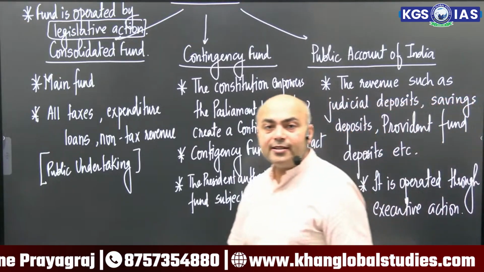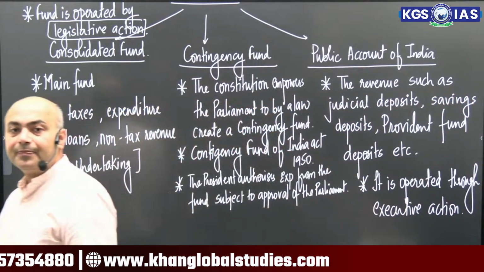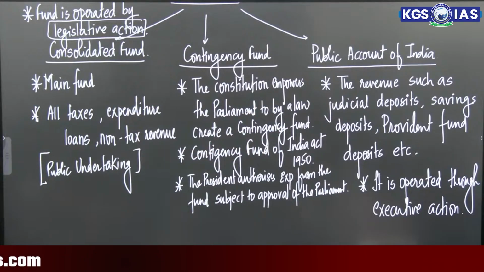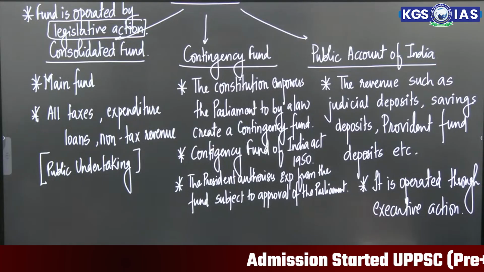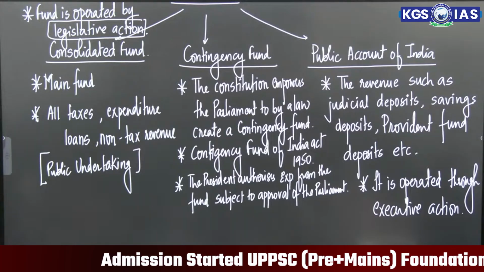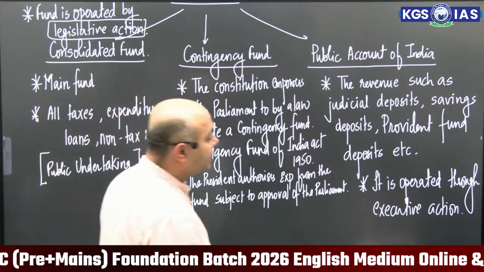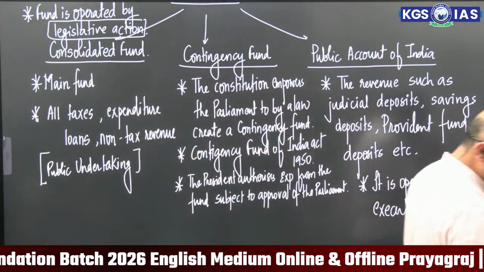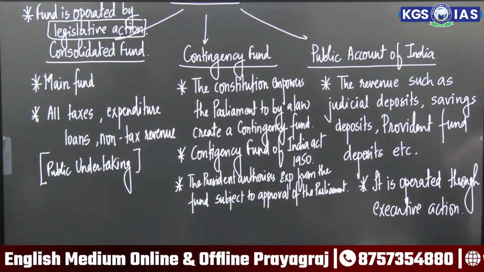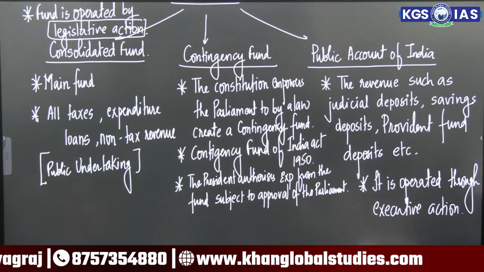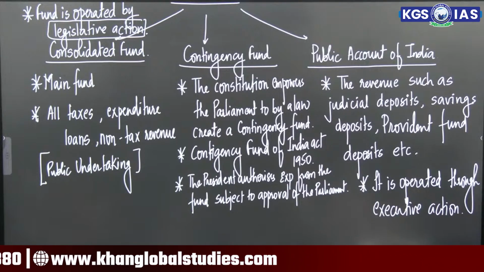And how is this operated? It is operated through executive action. So here, there is no approval of the legislature required. This is basically what the public accounts of India is.